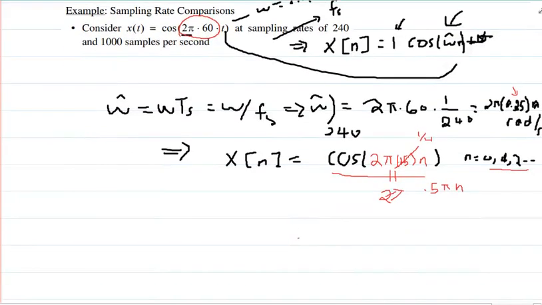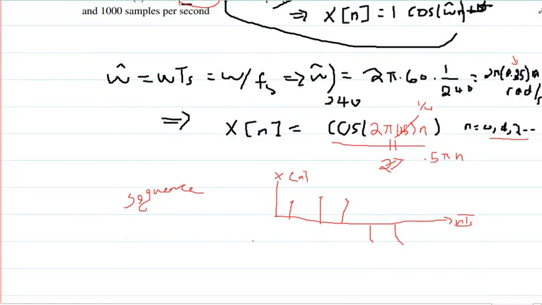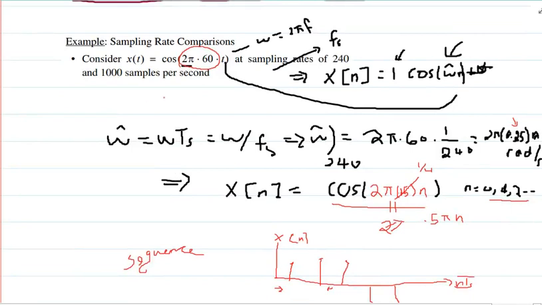Now all this is a sequence, just like any mathematical sequence, and we sample this way: nTs, x(n). The period here, Ts, we get from the sampling rate, 1 over Ts, or 1 over 240.